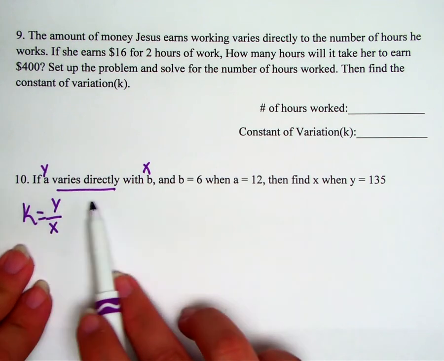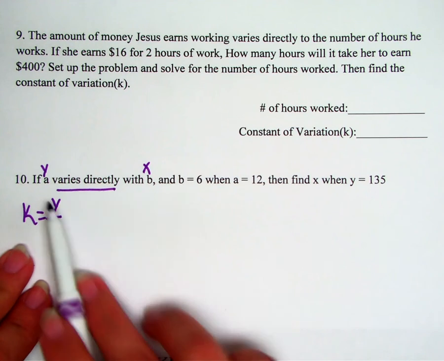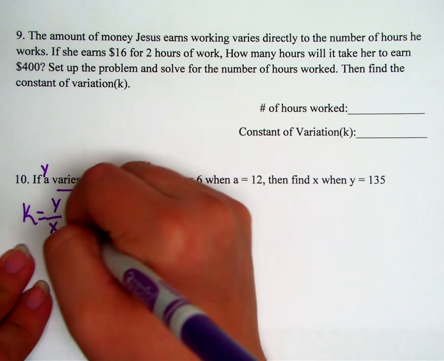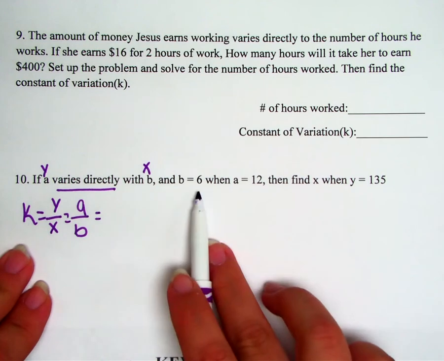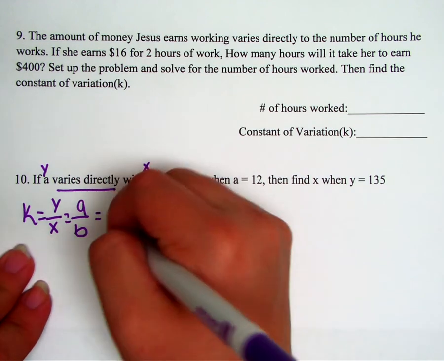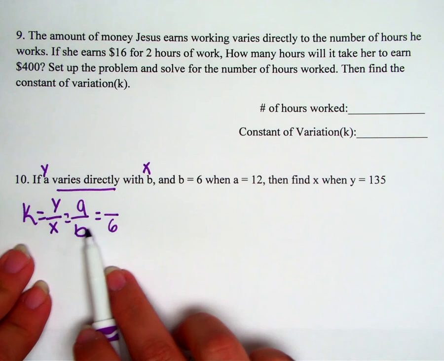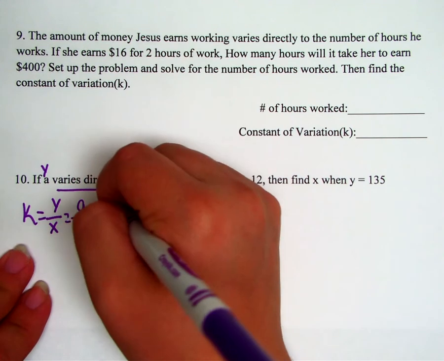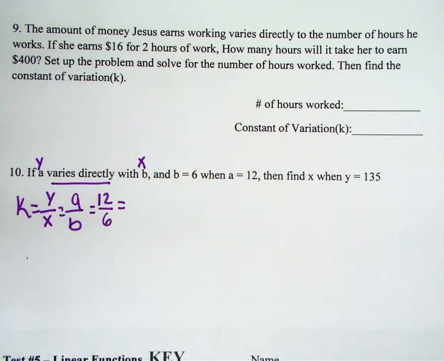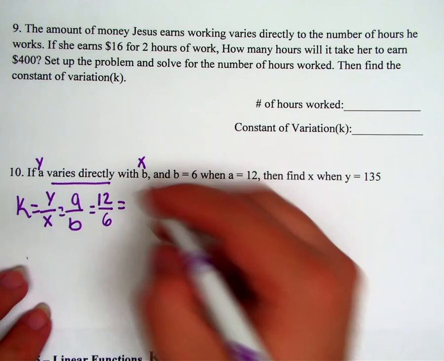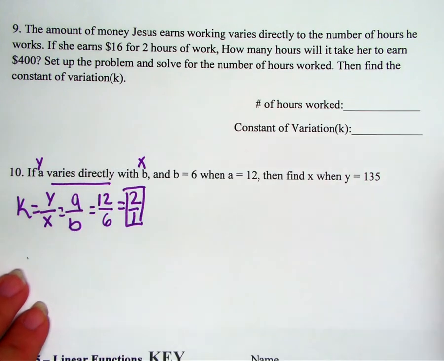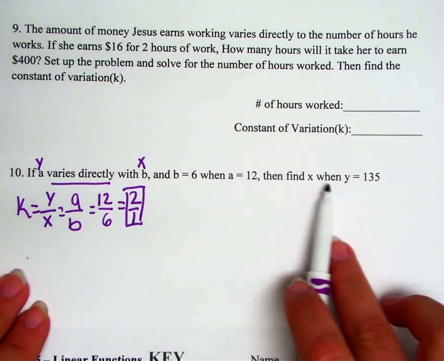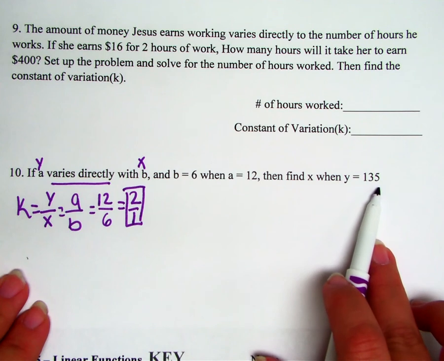So if A varies directly with B, the first one goes on top, A over B, and B is equal to 6 and A is equal to 12. Well, that fraction can be reduced to 2 over 1, which is our K. Then find X when Y is equal to 135.